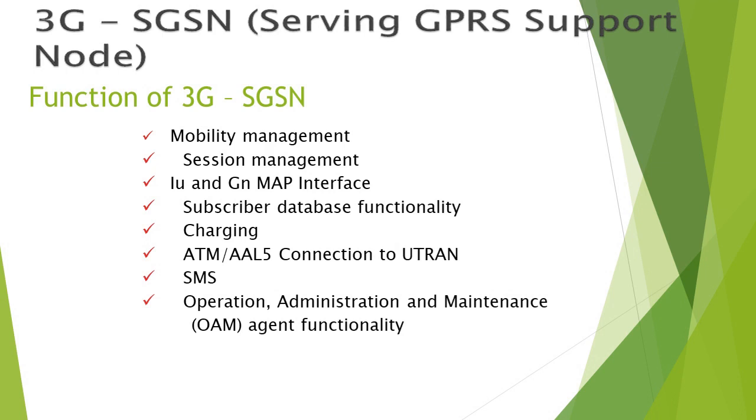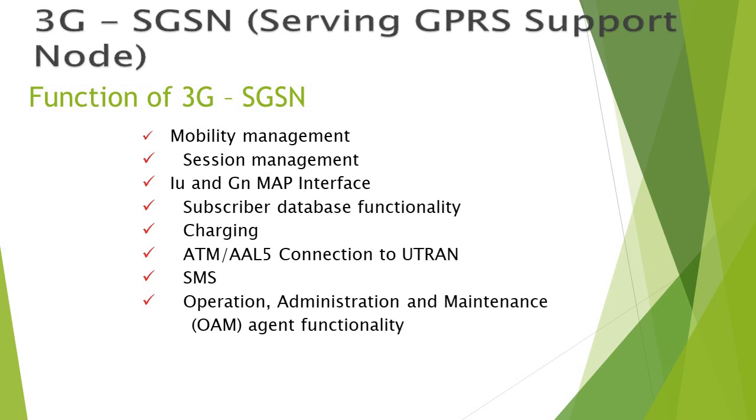When the user is moving from one location to another, it searches for the data transfer with the access point, and session management to initiate the session or to terminate the session. To continue the session, we need session management. So the IU and GN interfaces are needed for that, and a subscriber database functionality.